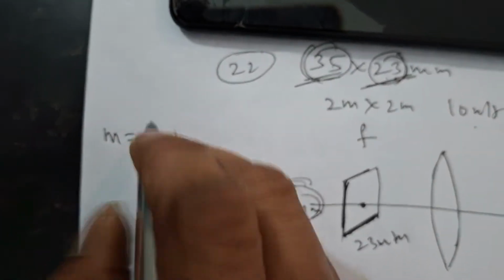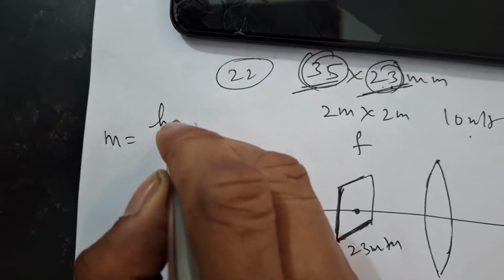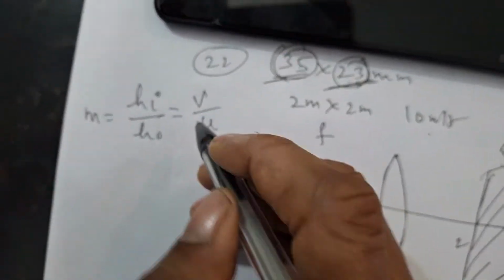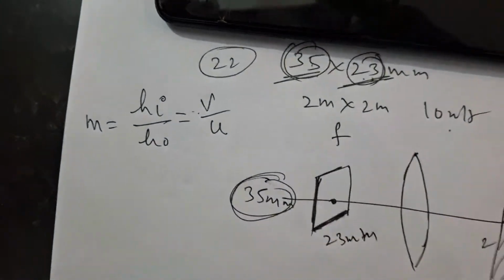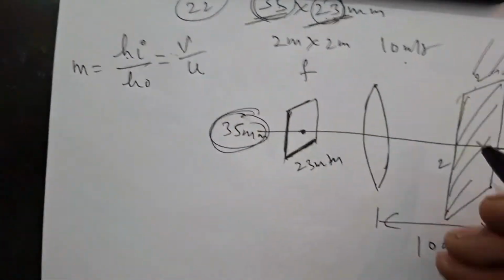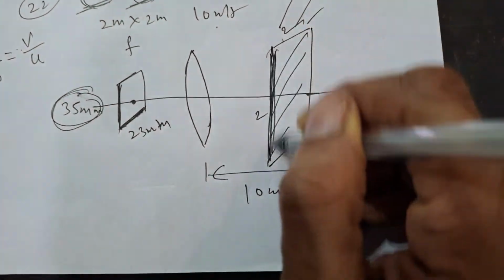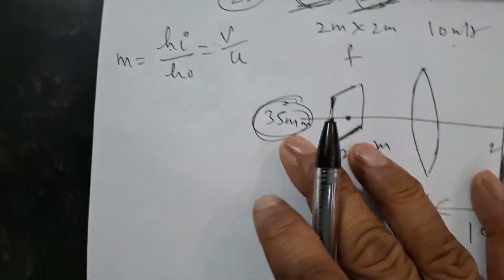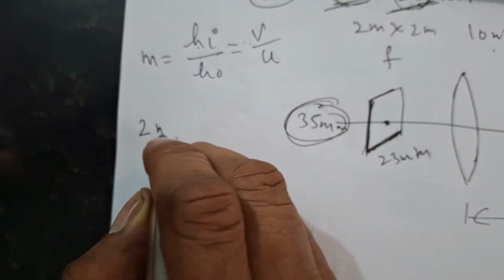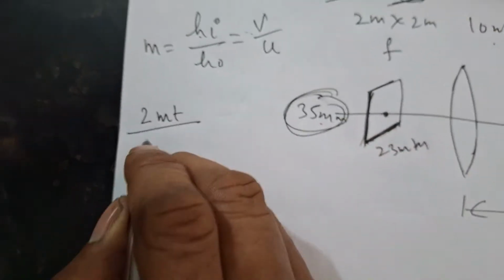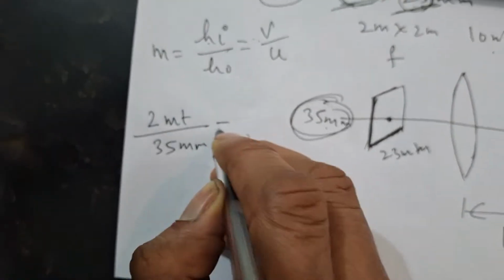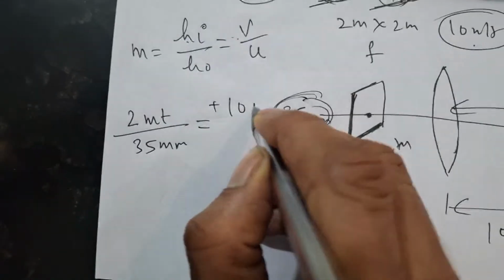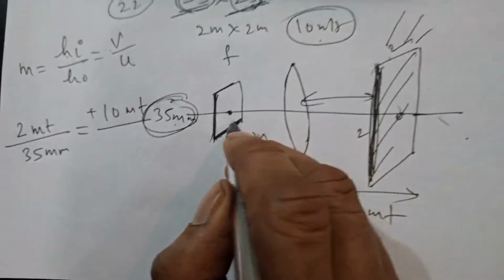You know the magnification formula? Height of image by height of object equals V by U, not minus V by U. Minus V by U is for mirror. HI is given, 2 meter, and the object is 35 millimeter. V is already mentioned, plus 10 meter.